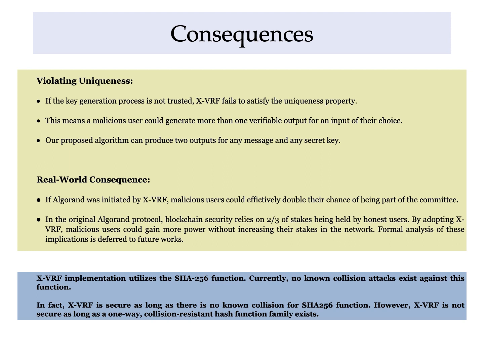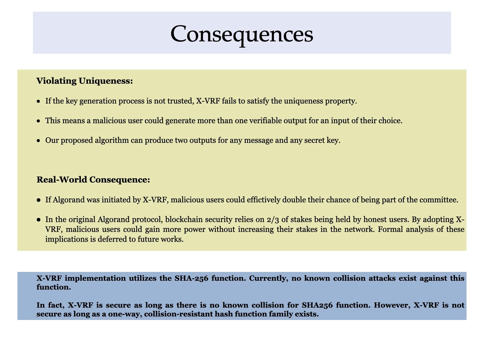In this way, based on the construction of the Algorand consensus algorithm, users can double their chance of being part of the committee for the next block proposition. Because of that, malicious users can increase their chance without increasing their stake in the network, and this might cause some problems in the Algorand network.